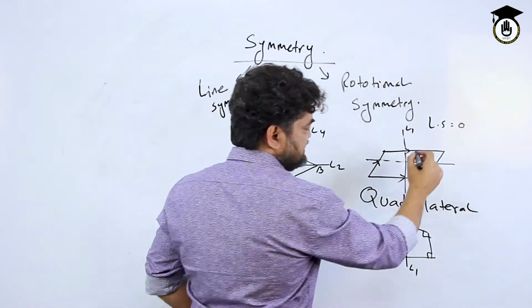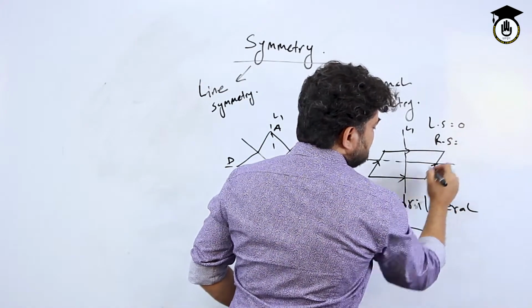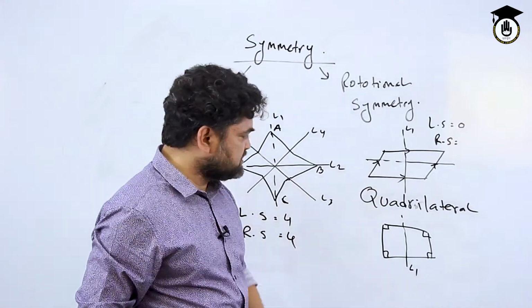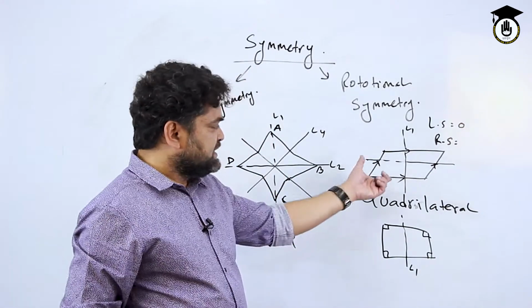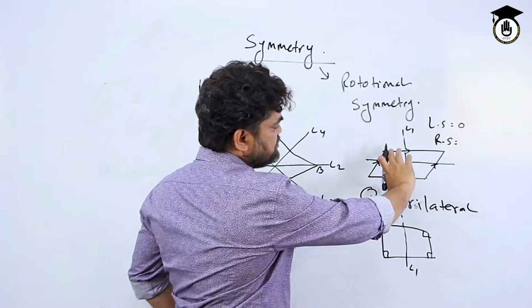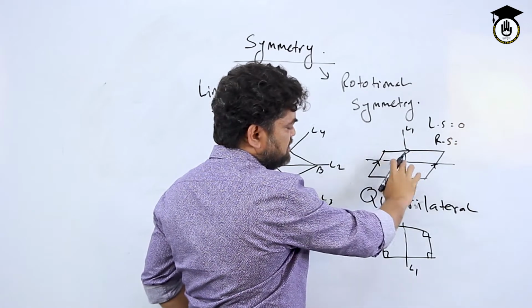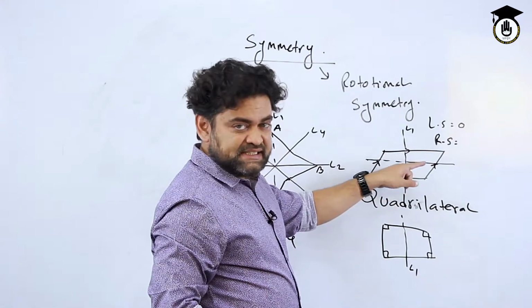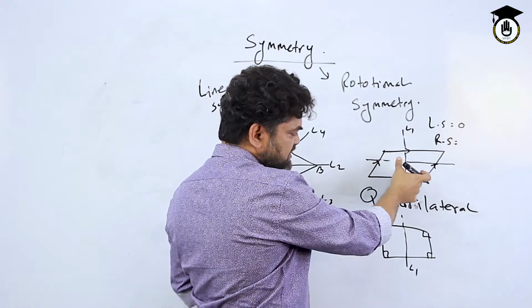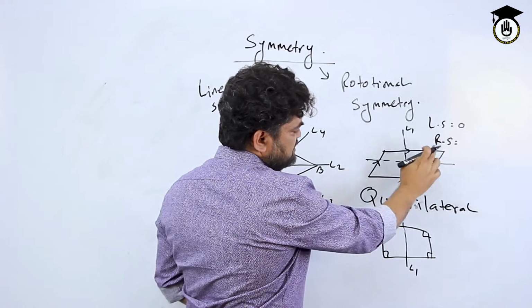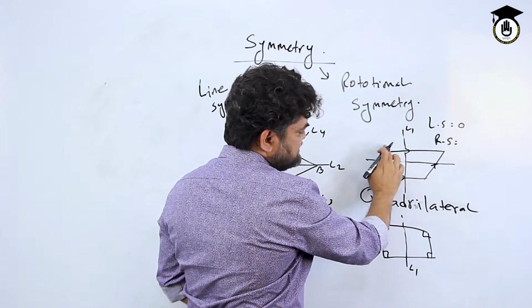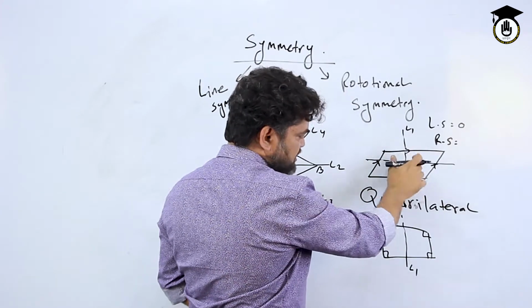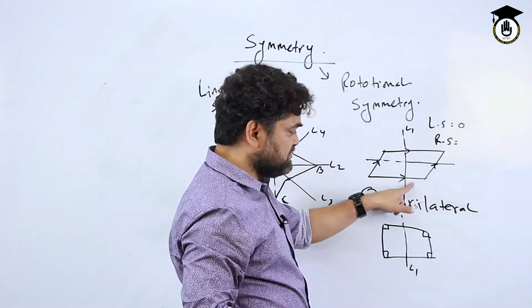I hope you understand. And rotational symmetry, when it comes to rotation, if I rotate it by 90 degrees, it's not coming to the mark. If I place it at 180 degrees, this side is coming to this side, and this side is coming to this side, but it's also not coming there properly.